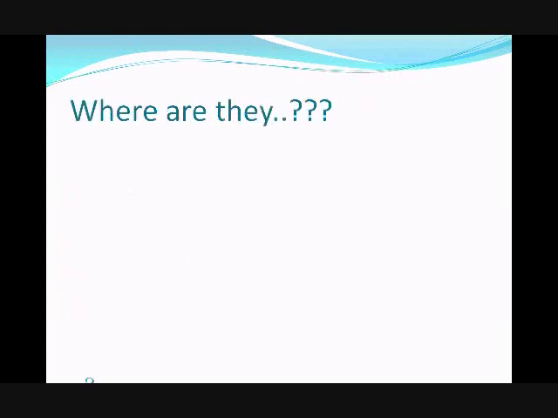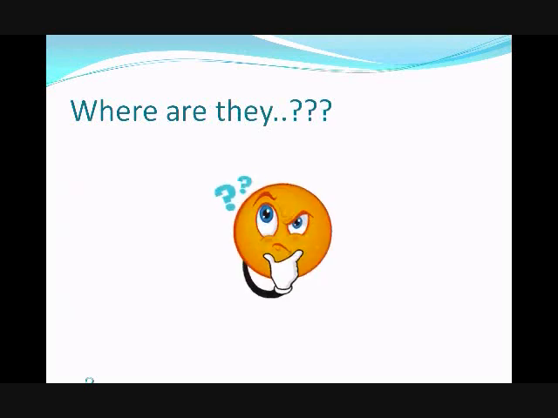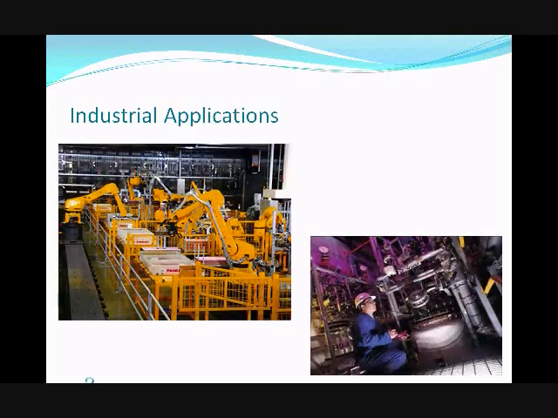Now let's see where real-time systems are in use today. First of all, in industrial applications, we can find real-time systems in automated production assemblies and also nuclear power plants and chemical plant control systems.